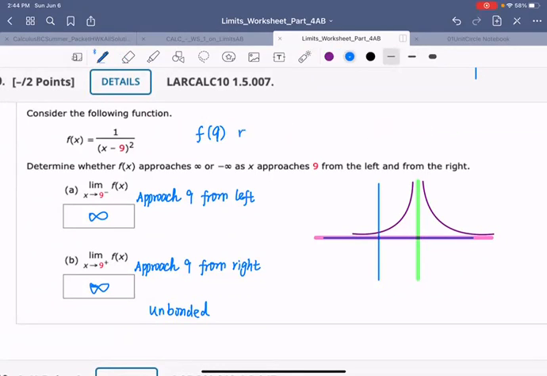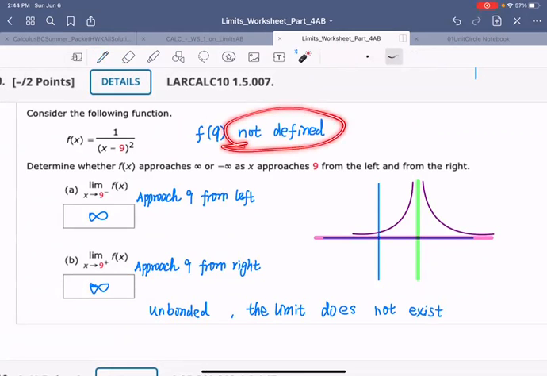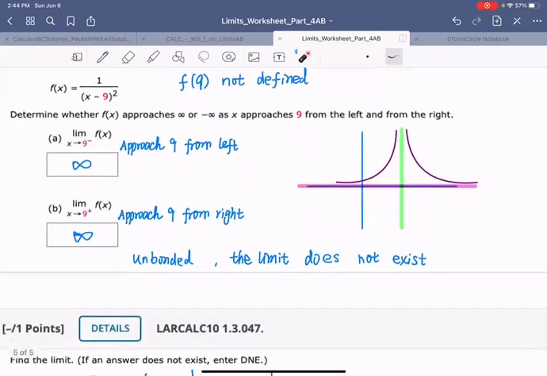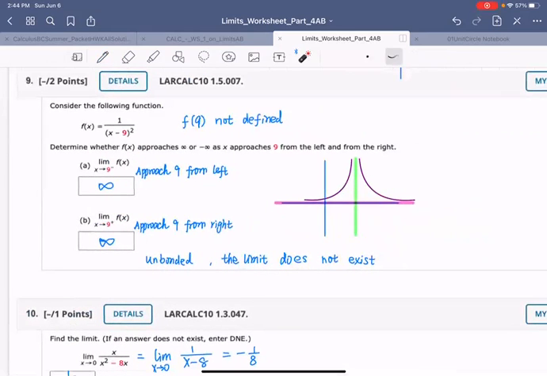Yeah, we should say not defined. The limit does not exist. The function value is called not defined. Yeah, you can write down this.